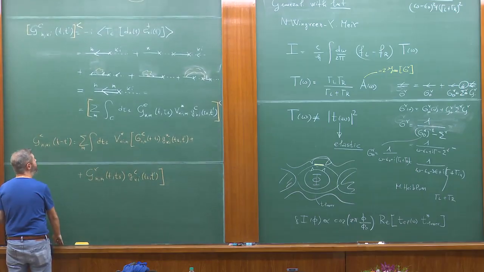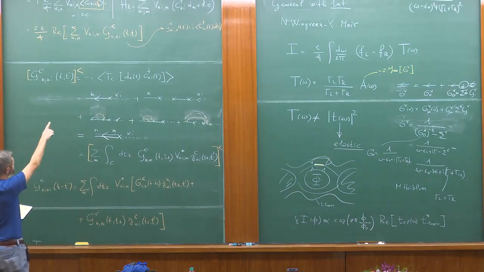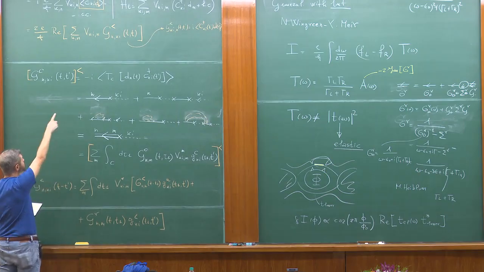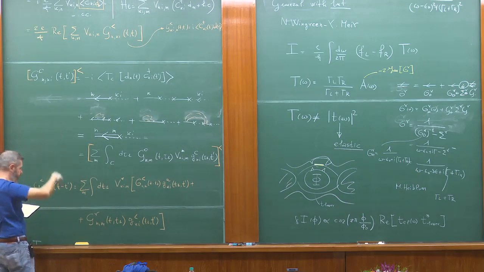Okay, that is the current, you see? So now I have to put the G lesser that I computed there and take that sum. That's all I have to do.